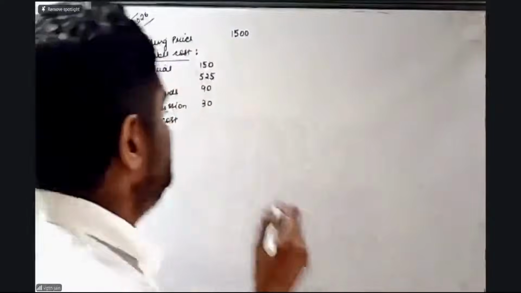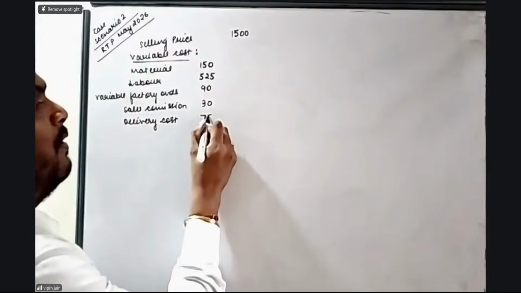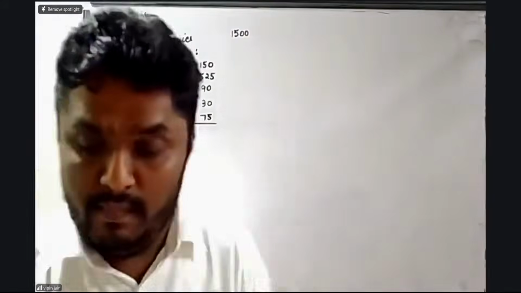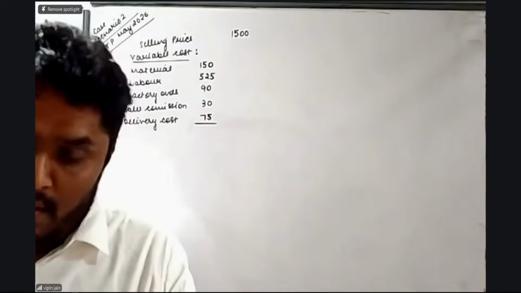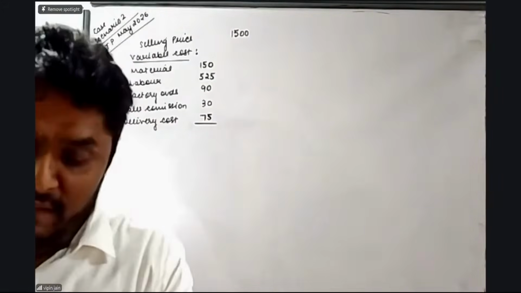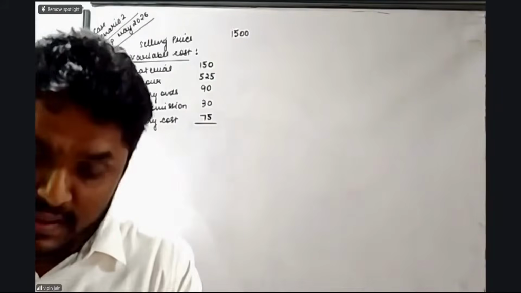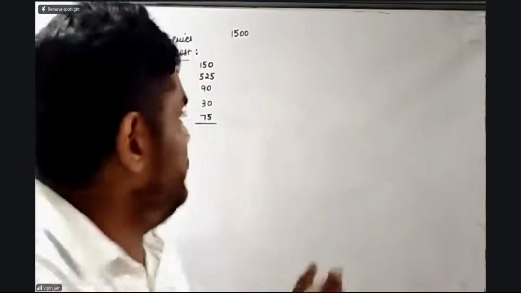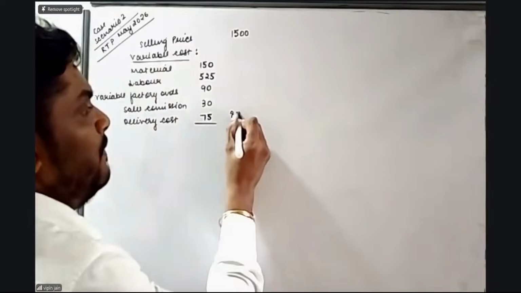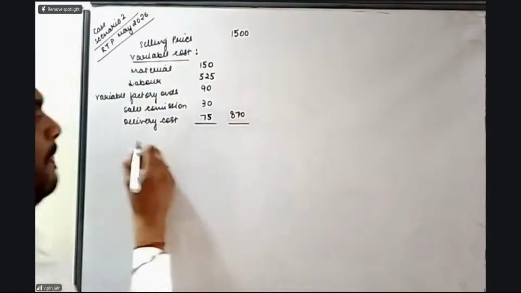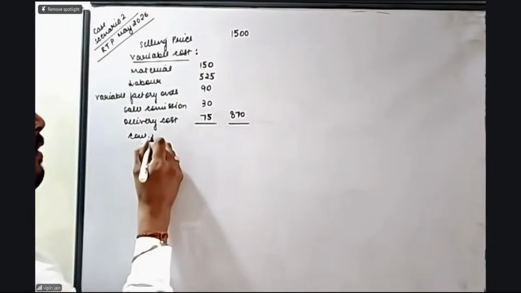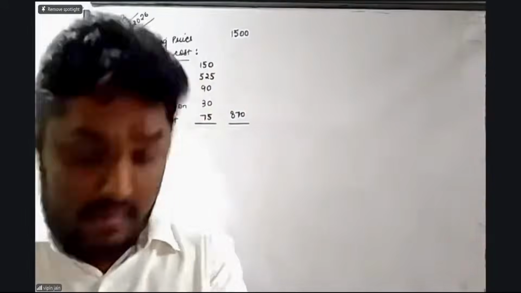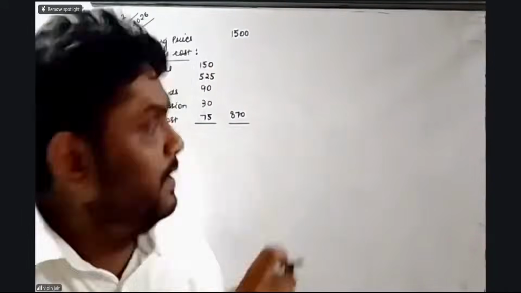So delivery cost is 75 rupees. This is the detailed breakup. So 150 plus 525 plus 90 plus 30 plus 75. My variable cost is 870. My contribution per unit will be how much? That is 630.